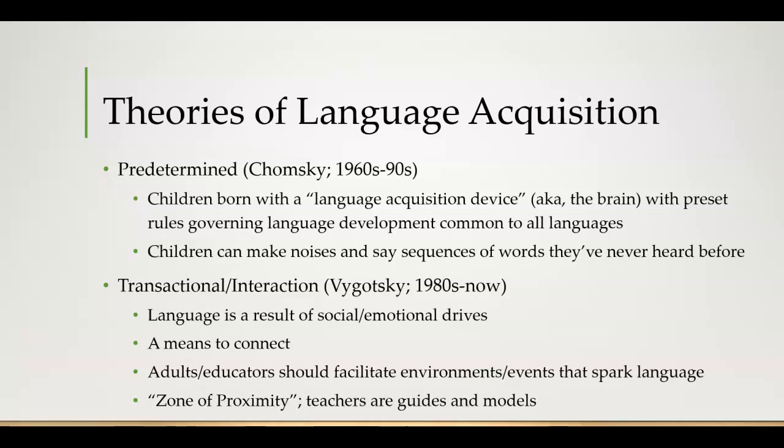You'll hear about the zone of proximity, and that's the zone between a child's independent level of ability and their ability when being guided by a teacher. And so we can decide what materials and lessons to present based on this zone of proximity. So it's like meeting them where they're at, but giving them enough challenge so that they grow.